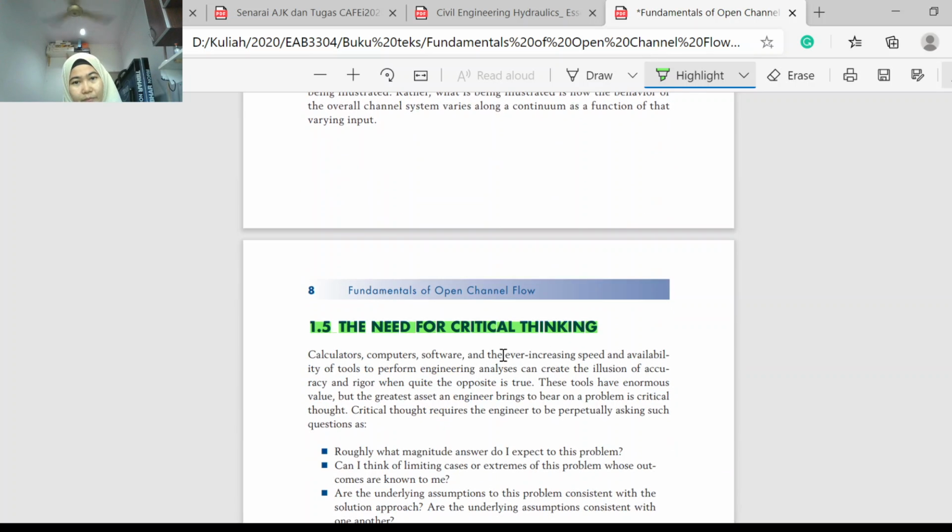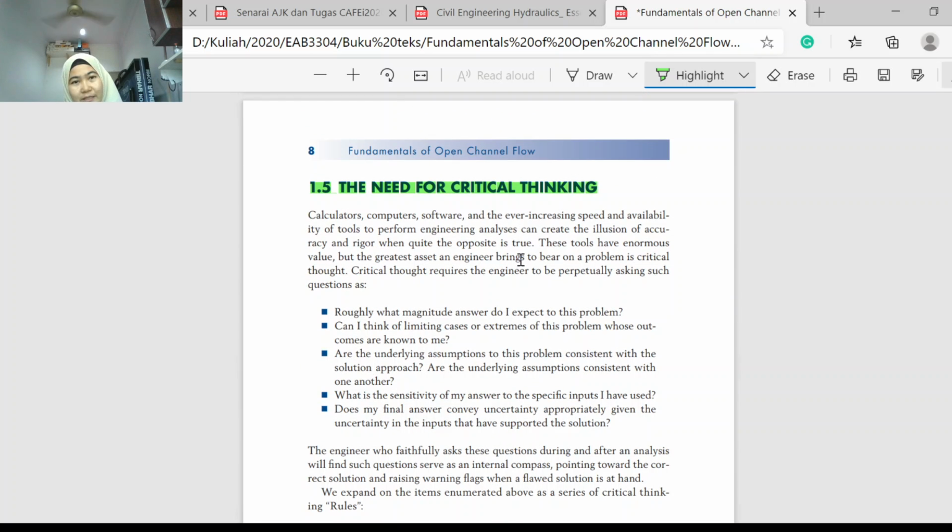Finally for this chapter, the need for critical thinking. Critical thinking is very important, and the author wrote here what kind of critical thinking is needed in open channel flow.